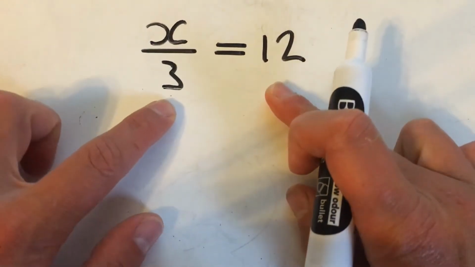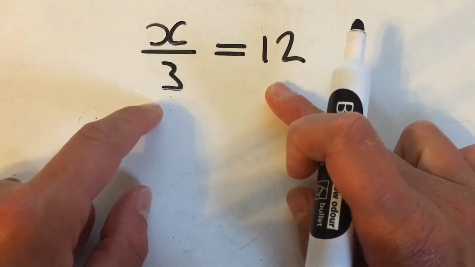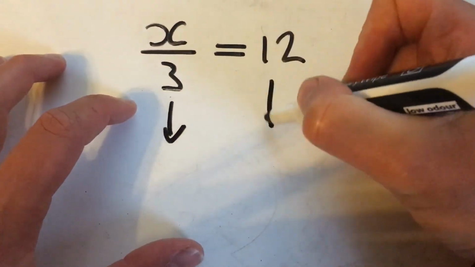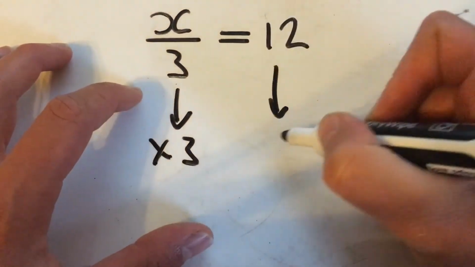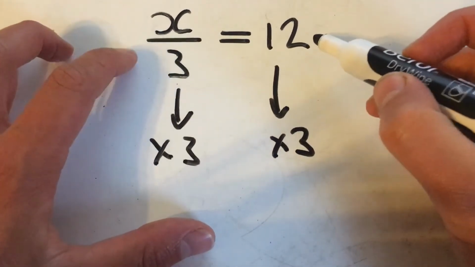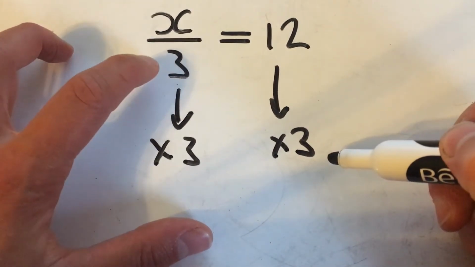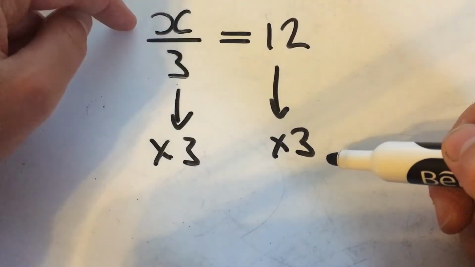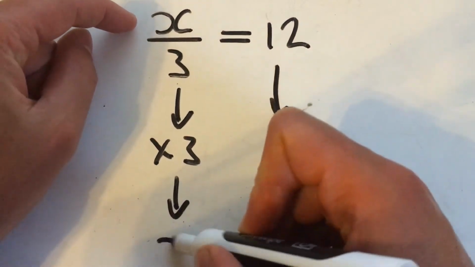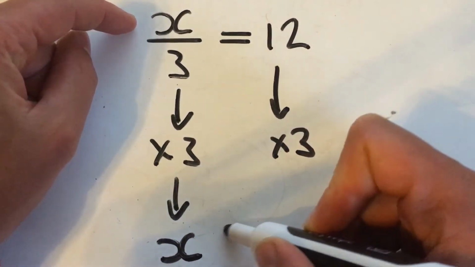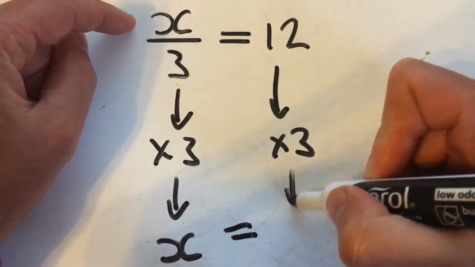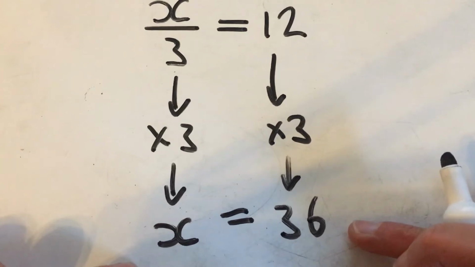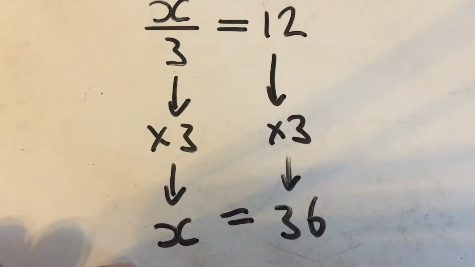To keep this balance, that is to say that the left hand side equals the right hand side, my first step is to multiply both sides of this equation by 3. I've got divide 3 here, and if I multiply by 3, I end up back where I started. So I have x on this side equals, and 12 multiplied by 3 is 36. This agrees with my answer that I got the first time.